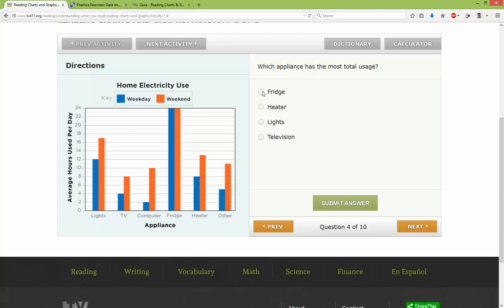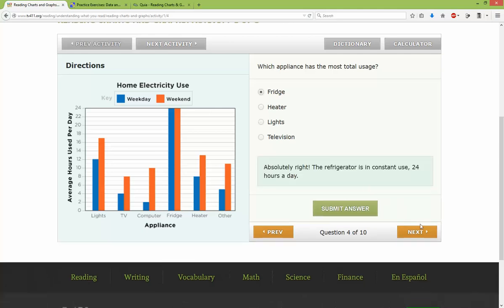The fridge has the most hours of usage, not necessarily the most electricity usage itself. But the way this is phrased, I think they're going for fridge here. 24 hours a day. Absolutely right. You are a champion.